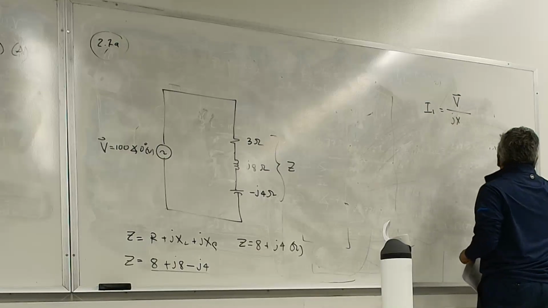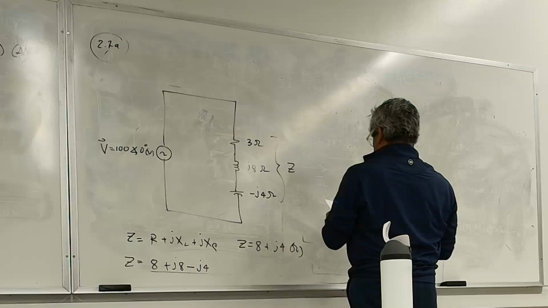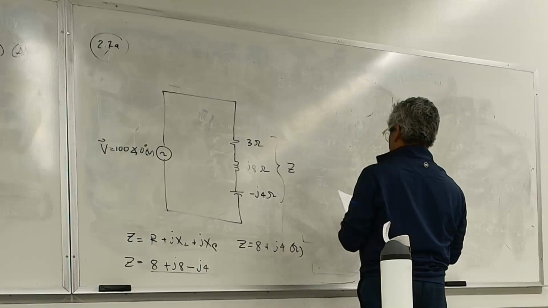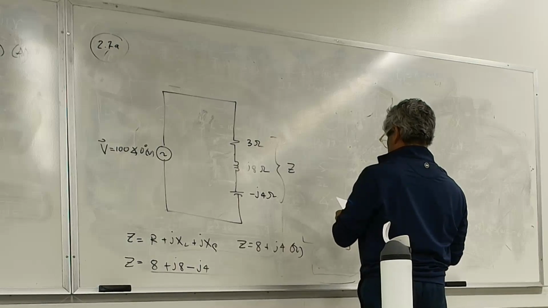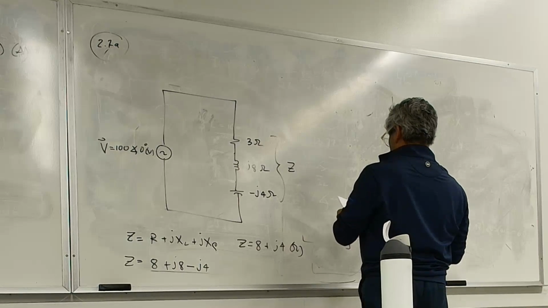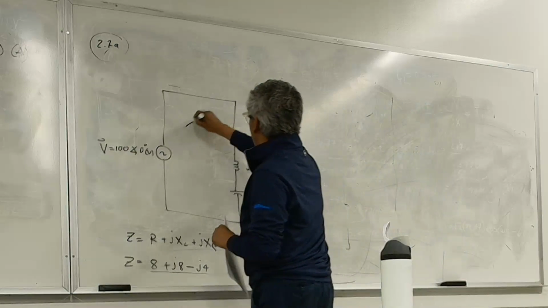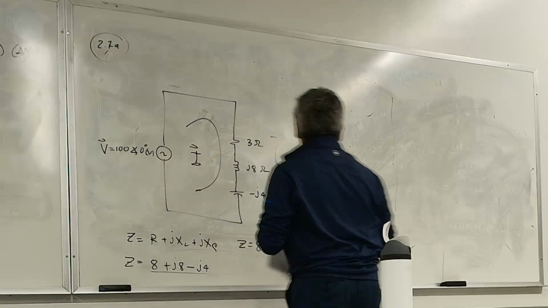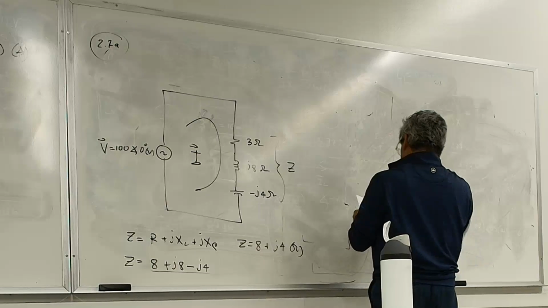So, let's see. That's the first one. The next question is to find the current, this current I, drawn by this impedance, I'm sorry.